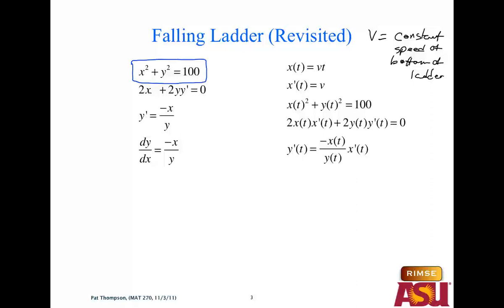Does it make sense? So because of that, this is called a related rates equation. It's an equation that relates more than one rate. This is the first time we've ever seen that. In any given situation, we've always only looked at one rate of change. So now we're saying, look, x has a speed, y has a speed. This equation then relates those speeds together. So we call it a related rates equation.